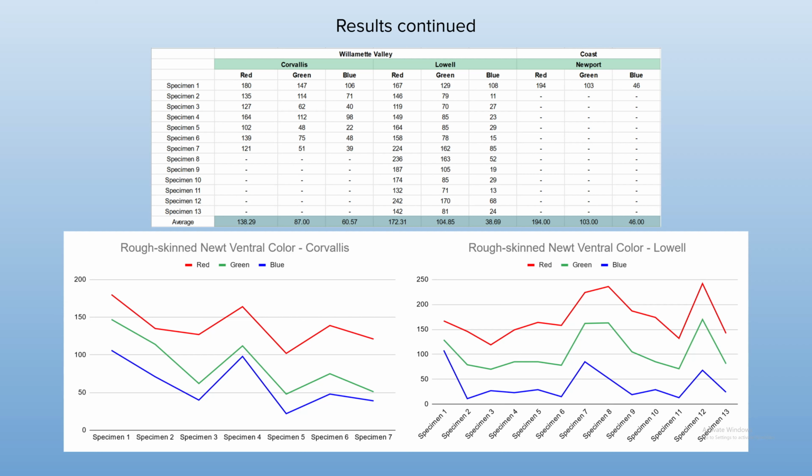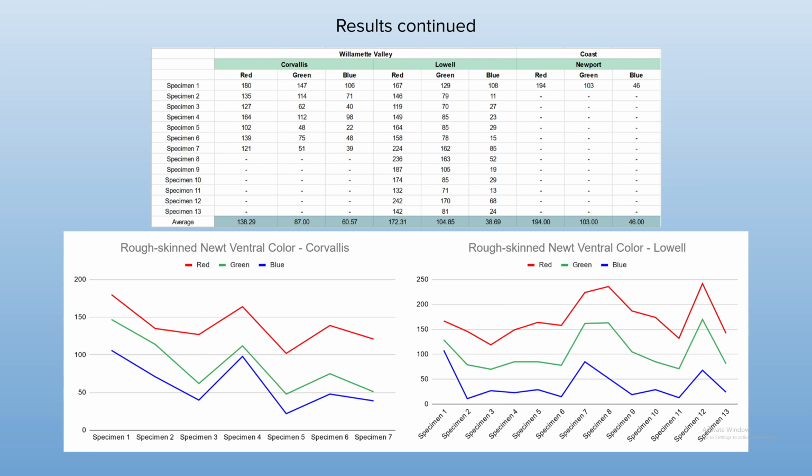So here we can see the average red, green, blue values for each specimen in the Corvallis site, the Lowell site, and then the one newt that I found near Newport. The difference in red, green, blue values that I was talking about, the consistency between those.